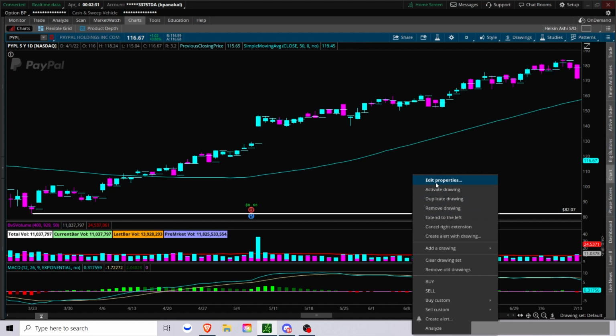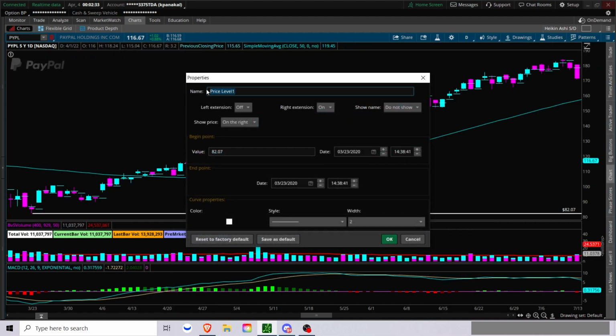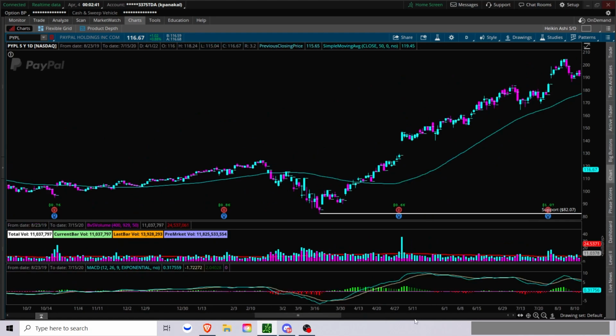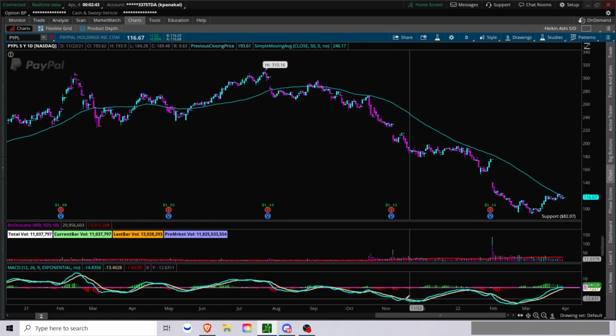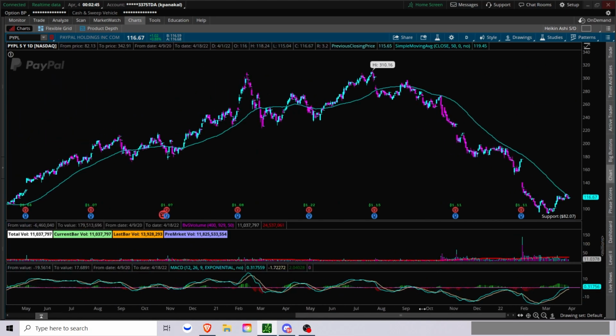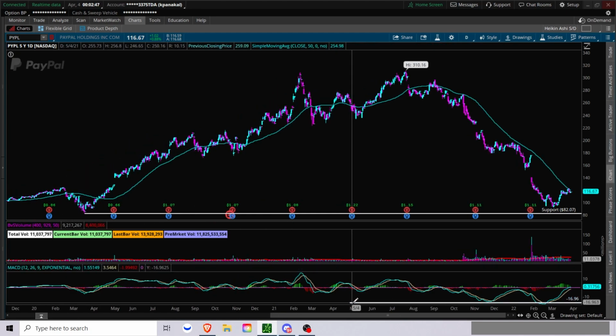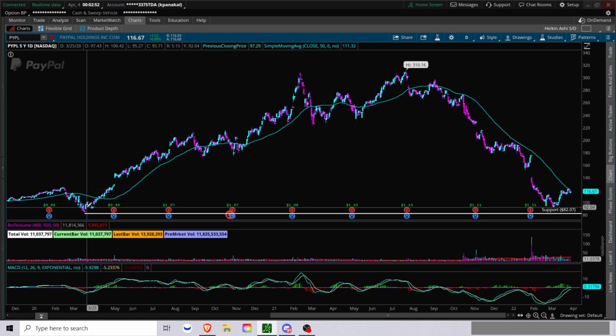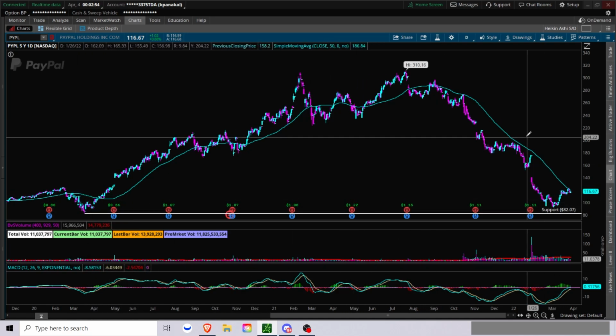Okay, so this is obviously going to be our support for PayPal. We're not going to consider this as a demand zone because it's less likely that there are still unfilled orders all the way from April of last year.